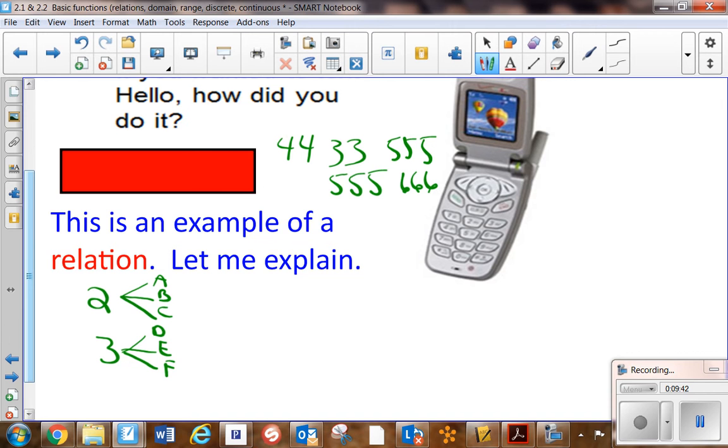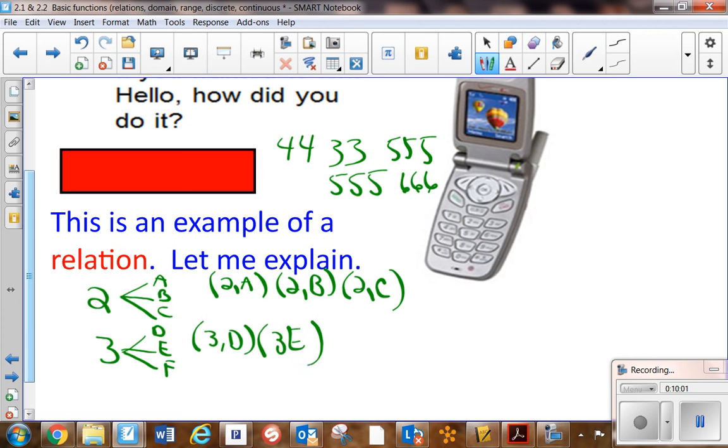I could turn each of these into ordered pairs. I could say this is 2A, 2B, and then 2C, and with 3's, 3D, 3E, and so on. Those are like ordered pairs.